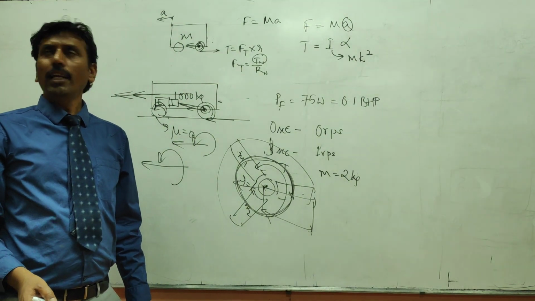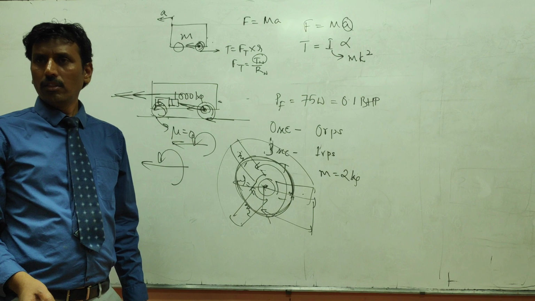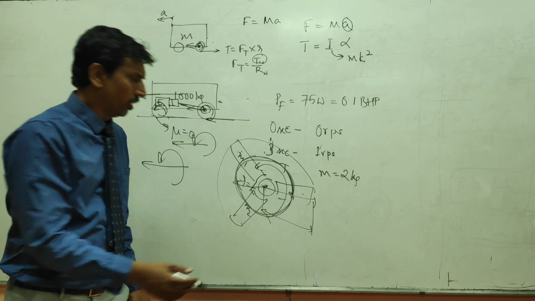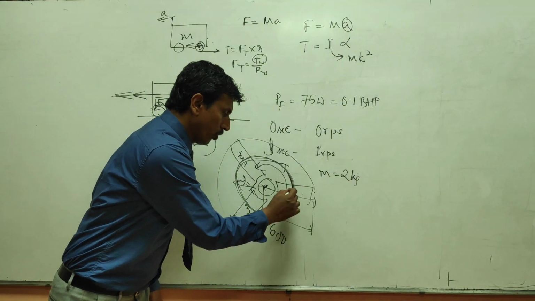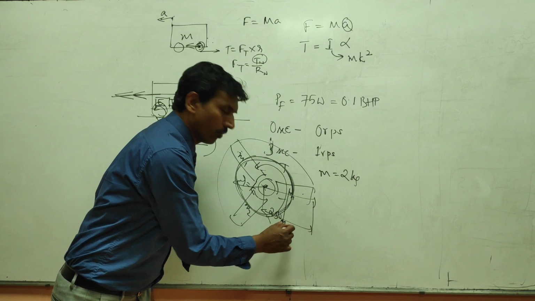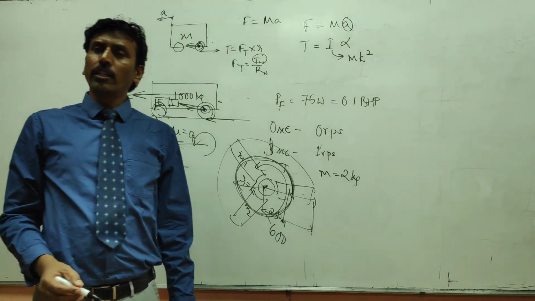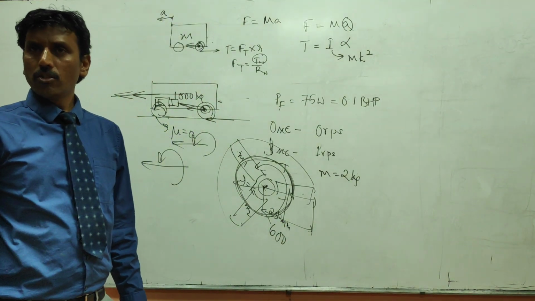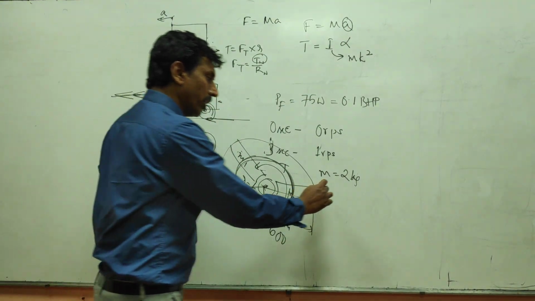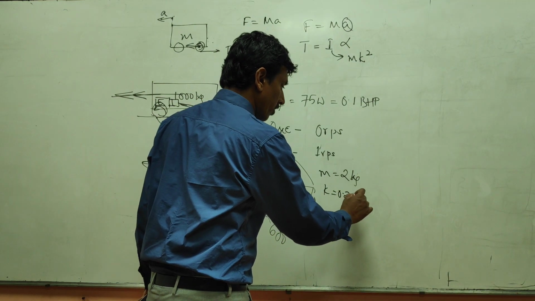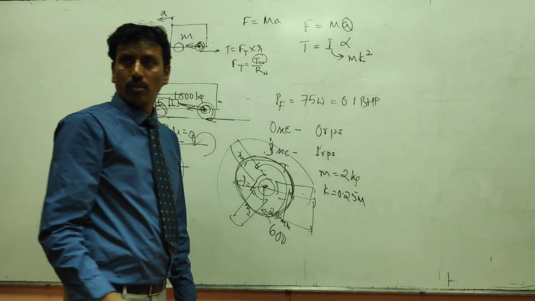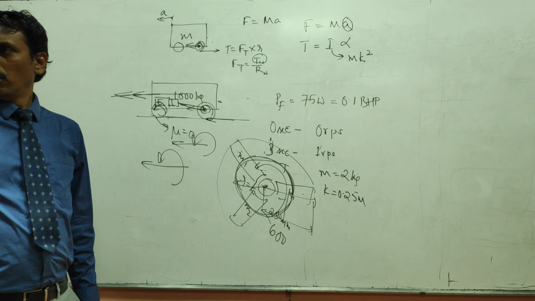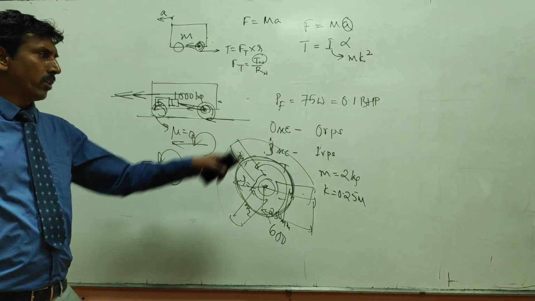I think it is slightly more than half a meter. So you can almost take the radius of gyration as 250 mm, which is 0.25 meters. So let us say that K is 0.25 meters.